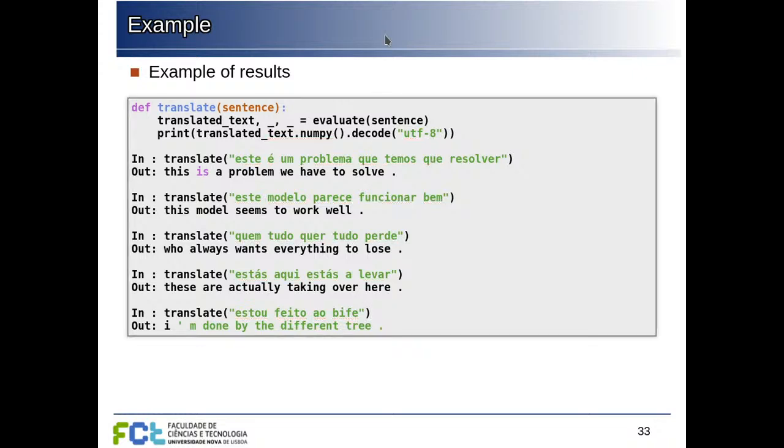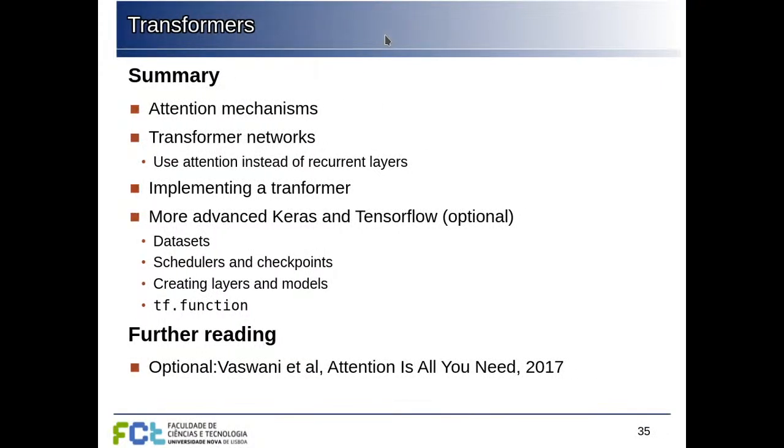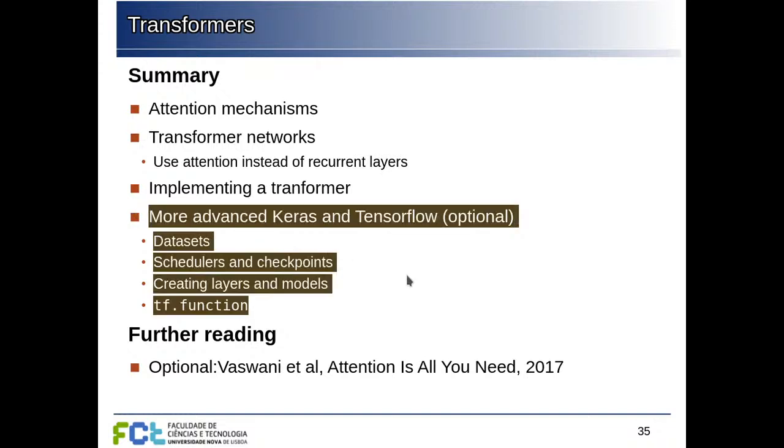Okay, so this took a bit longer than it should have, but to sum up, we saw briefly an idea of attention mechanisms and these transformer networks. The big advantage here is that using attention mechanisms, we can deal with sequences and transform sequences without using recurrency. And this means we can use much more complex models and train them much more efficiently. We saw how to implement a transformer and lots of more advanced options and tools in Keras and TensorFlow.